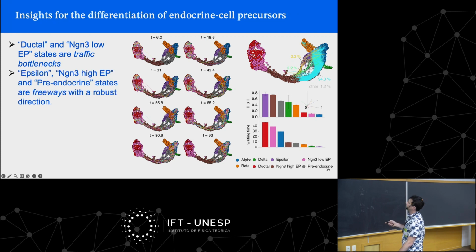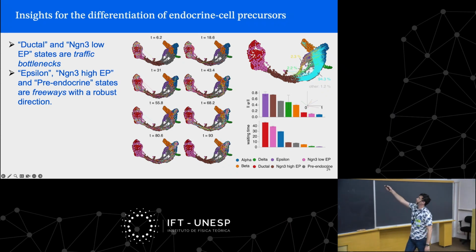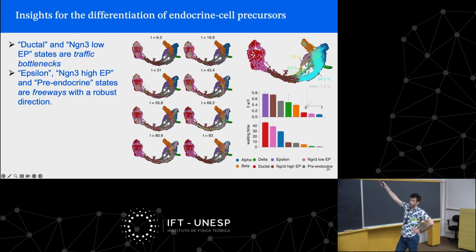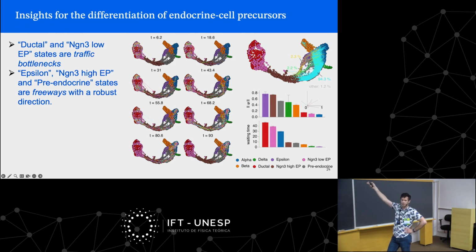And the last thing is what I was mentioning earlier: what about bifurcations? The good thing with this method is that here I only plot the fraction of the trajectories once they leave this brown state for good until they reach the blue alpha cell type for the first time. We now see the vast majority of the trajectories use this lower branch, and the remainder is roughly equally split between the other top branches.